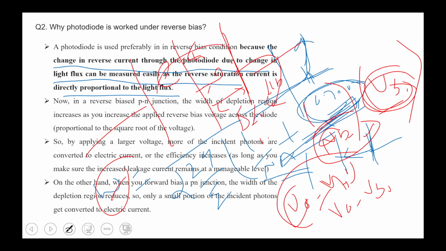So we need to generate more electron and hole pairs. As you said previously, quantum efficiency is the number of electrons generated per unit of incident light. So to get more, our exposure area should be more. Only in that case will more electron and hole pairs be generated.